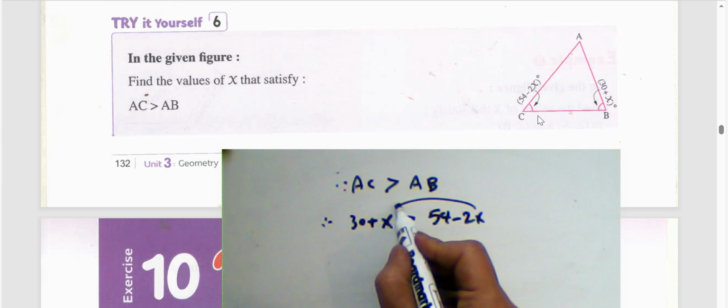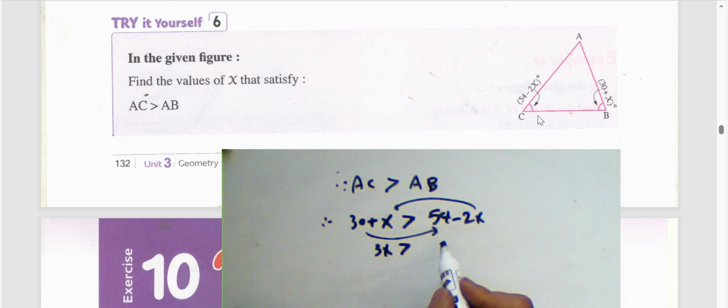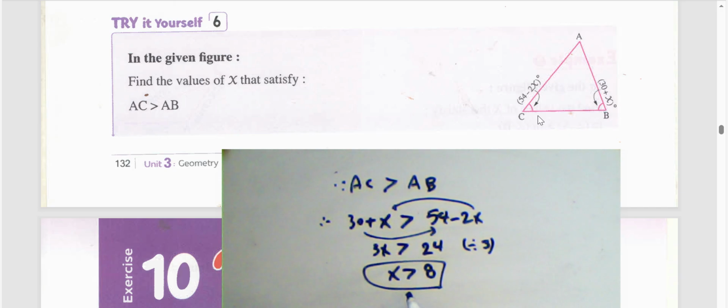We can solve: negative 2x move here, then we have x plus 2x equals 3x, and 30 subtract by 54, then you can divide it by 3, then x greater than 24 divided by 3 equals 8. This is the first relation.